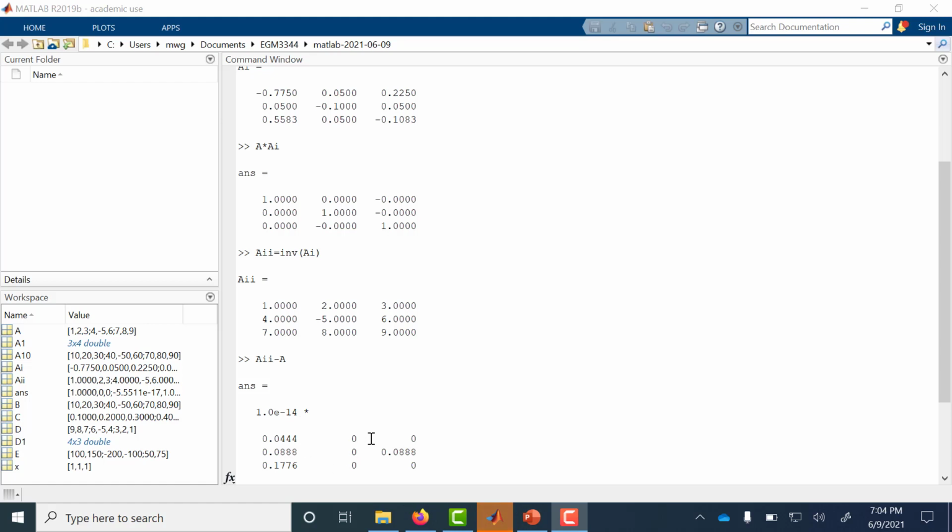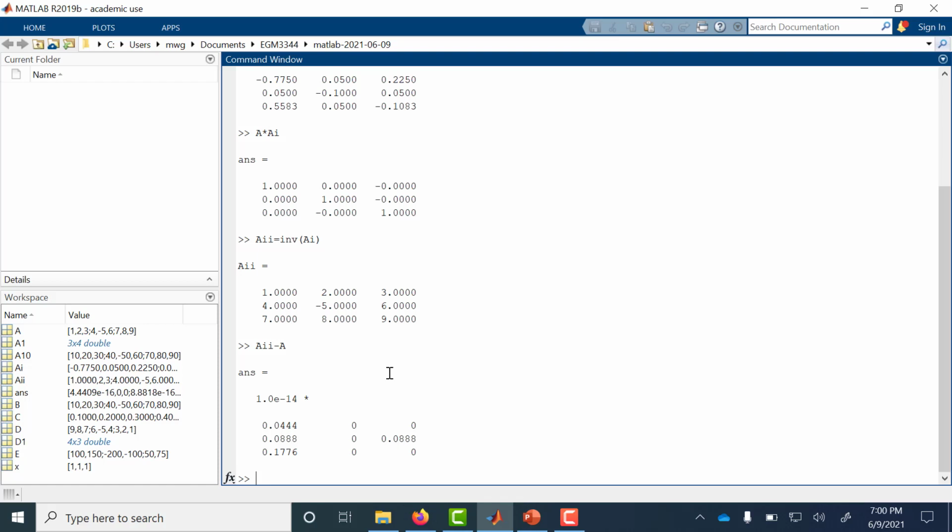So this is really, considering floating point round off, very, very close to a 0 matrix. The inverse of the inverse is equal to the original matrix, it looks like. And if I were to say AI times A, in other words, swap them around so they're mutually the inverses of each other, then you see that, yeah, it is the identity matrix. So they are mutually the inverses of each other.